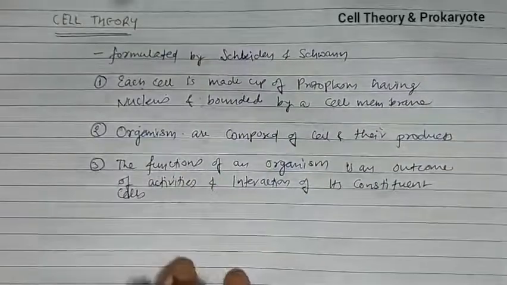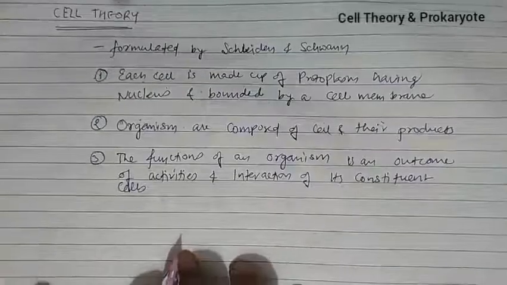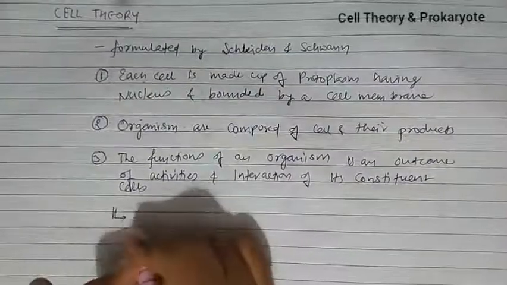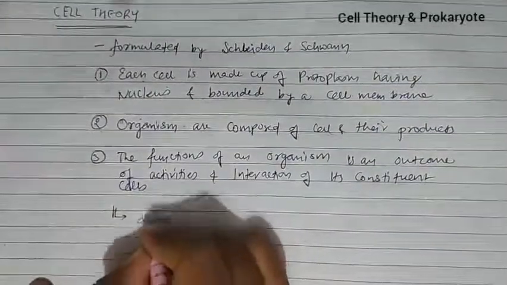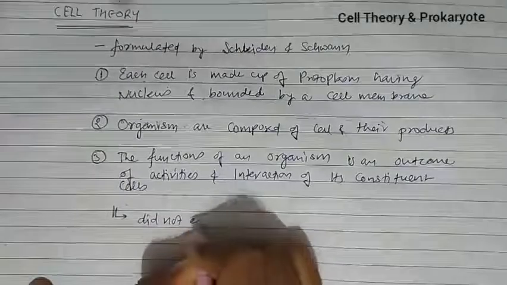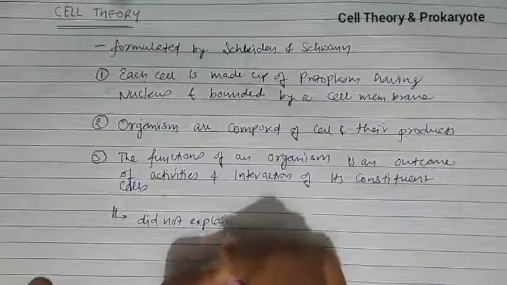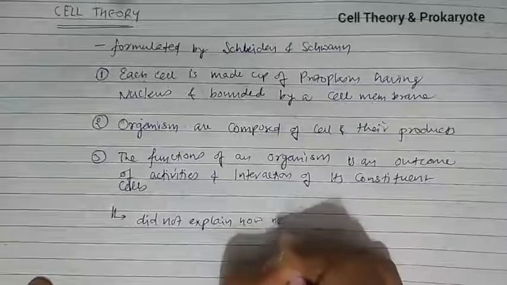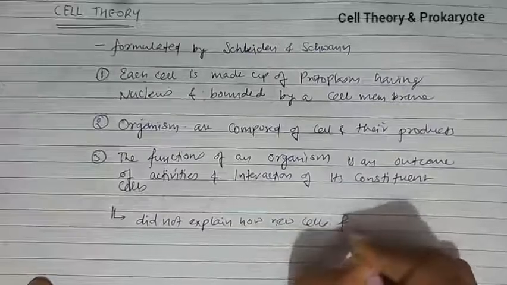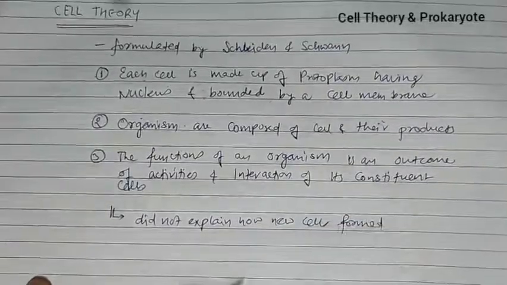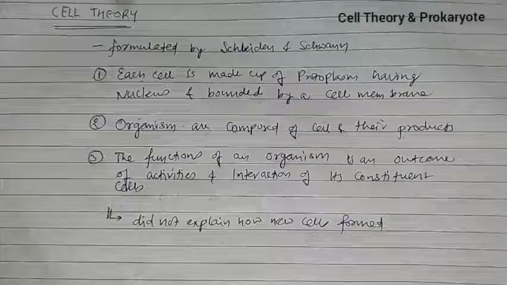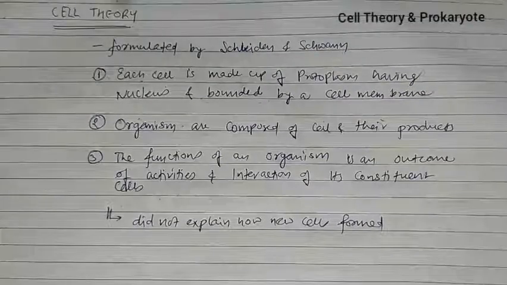These are the points given by Schleiden and Schwann, but they did not explain how new cells form. They were not able to explain how the new cells were formed.